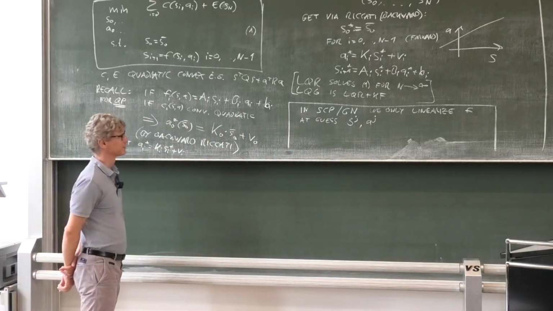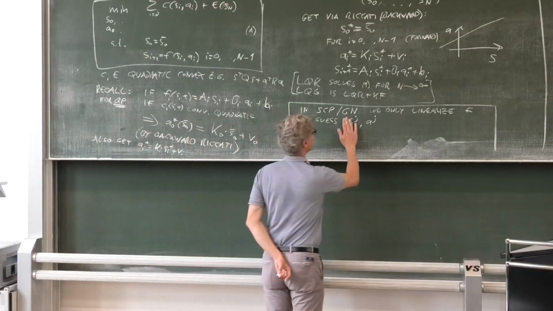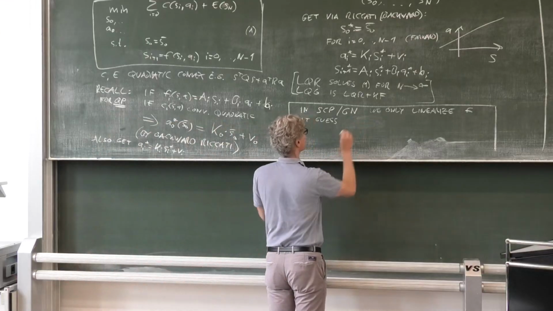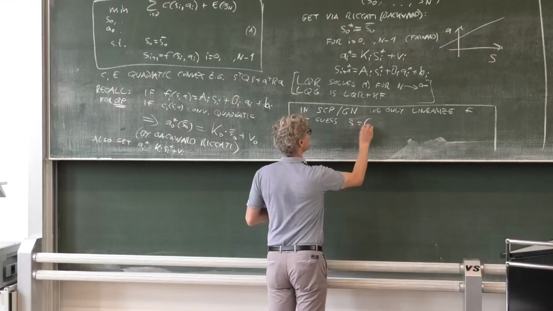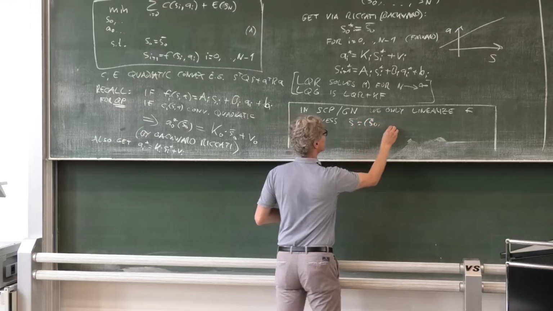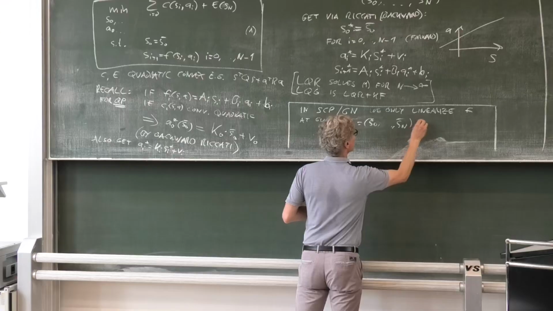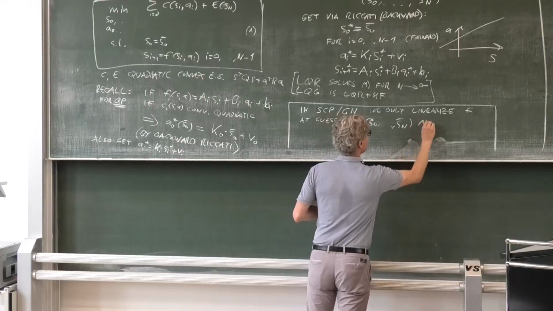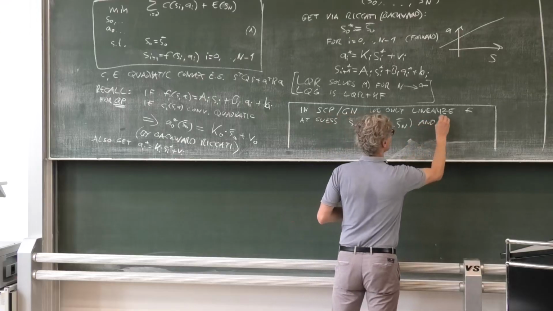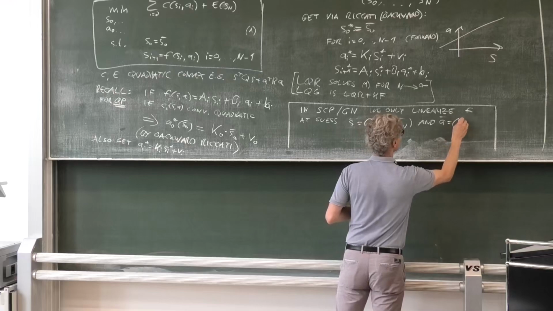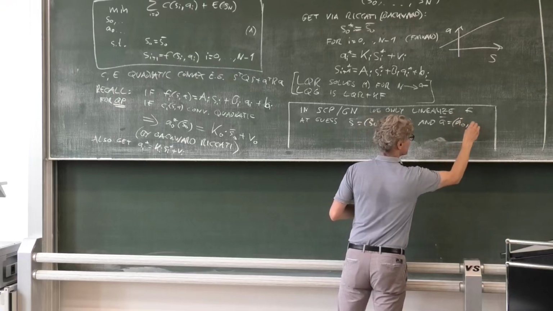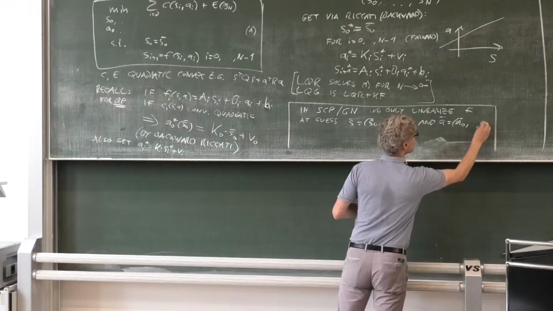Maybe these indices are a bit nasty, so maybe why don't we do it like I put a bar on top? That's better. S bar is basically the trajectory at which I linearize. Yeah? This could be a feasible trajectory. It could also be an infeasible trajectory, and that's basically the difference between sequential and simultaneous methods.